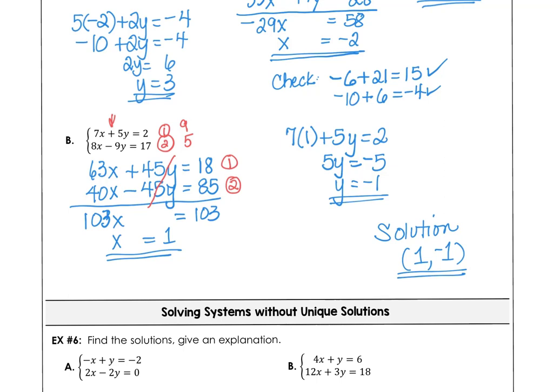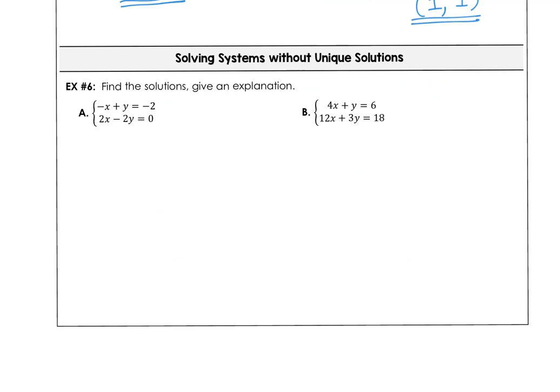In our last two examples, these can be a little tricky. We want to find the solutions and give an explanation for why we have these unique solutions. So equation 1 and equation 2. Let's see. We don't quite have opposites, but if I take equation 2 and either divide by 2 or multiply by a half, we would get negative x plus y is negative 2 for our equation 1.